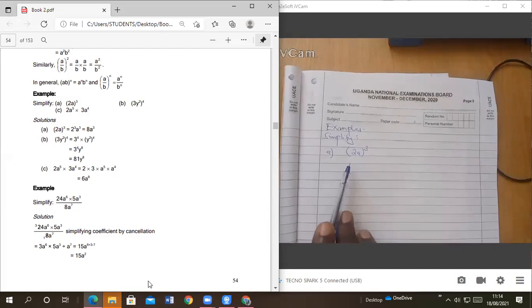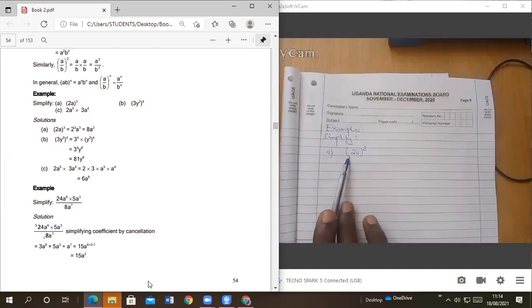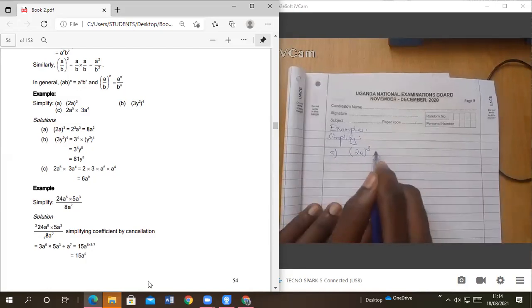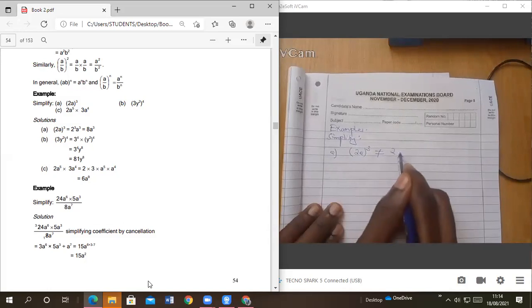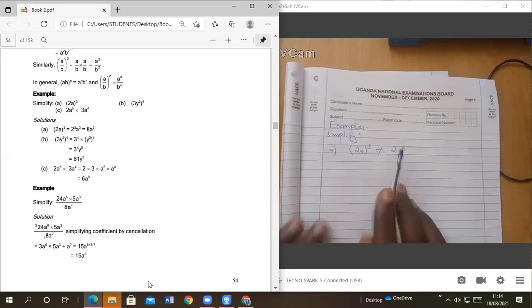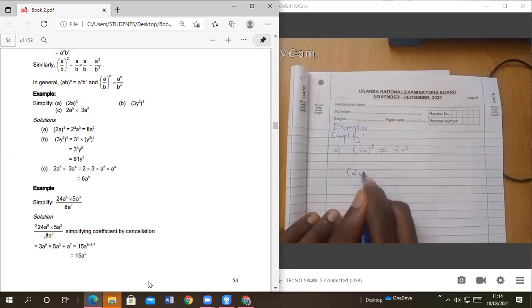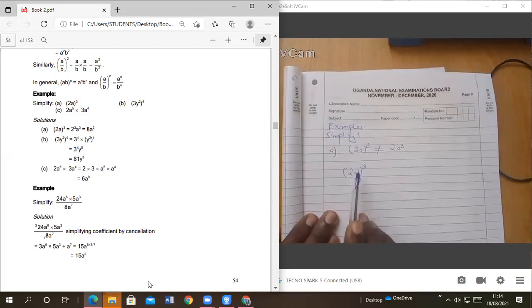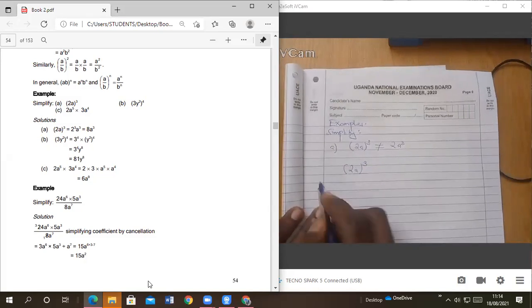You see, they are in brackets, which means this is not the same as 2a to the power 3. It means this power belongs to a and to 2.